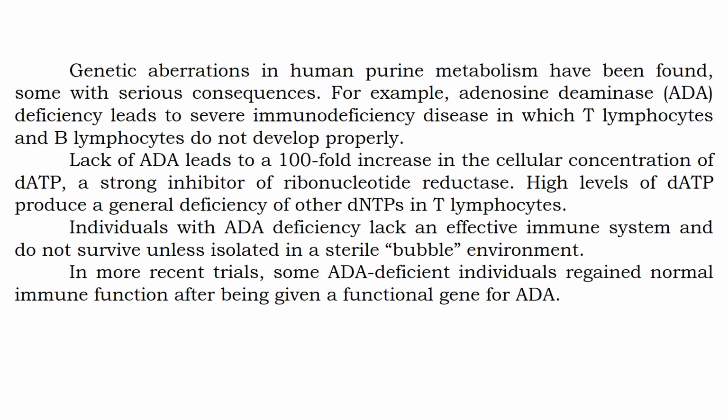If there is no adenosine deaminase or any aberration to this enzyme, then we don't form these T lymphocytes as well as these B lymphocytes, and this lack of ADA leads to a 100-fold increase in the cellular concentration of dATP. This is a strong inhibitor of ribonucleotide reductase.